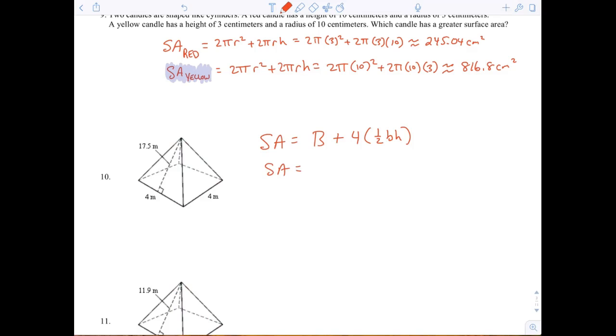What's the area of the base going to be? 16 plus 4 times. What's the base of the triangle? Say it. 4. What's the height of the triangle? 17.5.